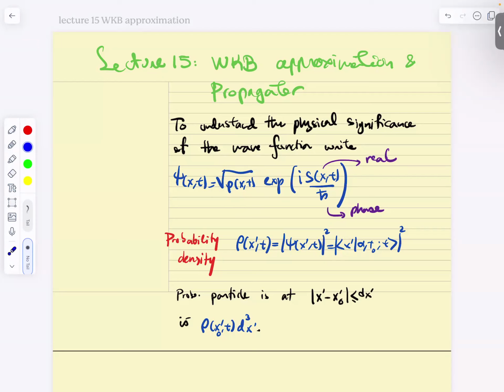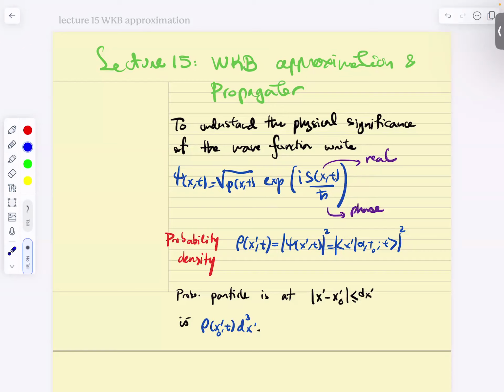Why is it positive? Because it's just a probability density, psi squared, right? Remember Max Born's probabilistic interpretation of the wave function. And then there's a phase that we wrote as e to the power of i over h bar times a function, that we said has to be real.